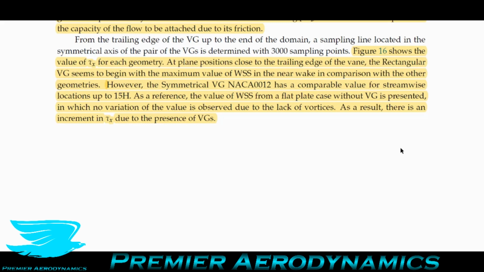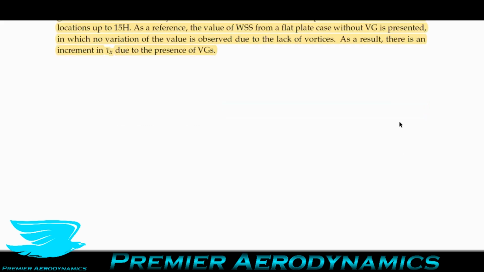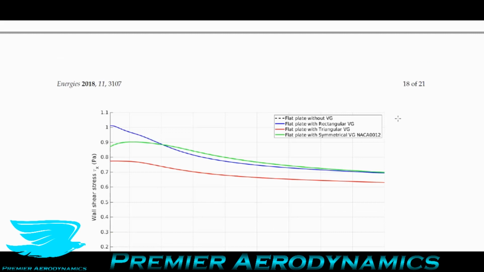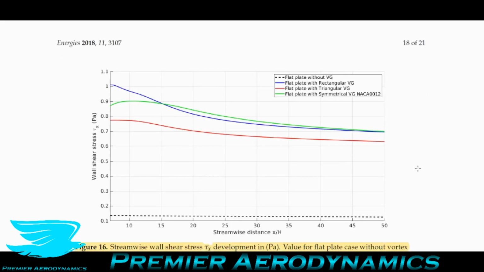However, the NACA 0012 vortex generator has a comparable value for streamwise locations up to 15 vortex generator heights downstream. So it is quite similar. In fact, they overlap quite a lot, all the way actually to 50 vortex generator heights downstream as well. Both vortex generators produce vortices which are quite similar in terms of the wall shear stress that they induce.